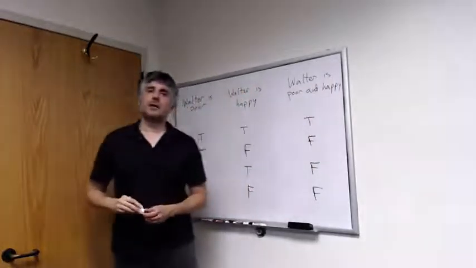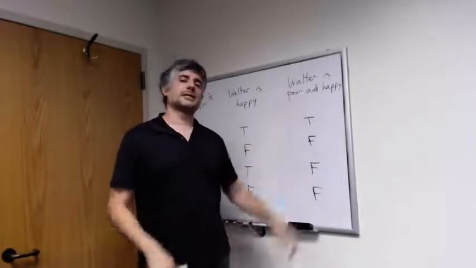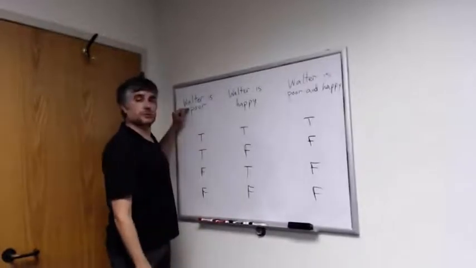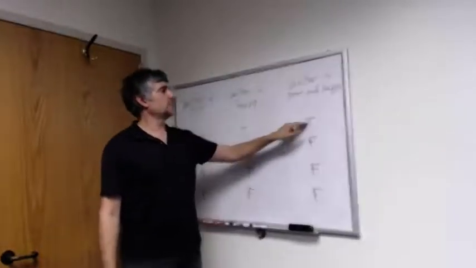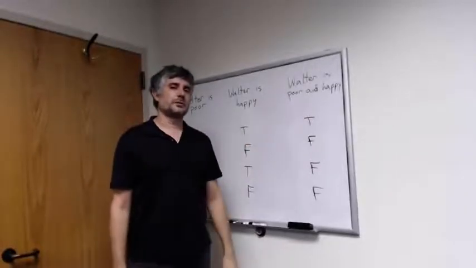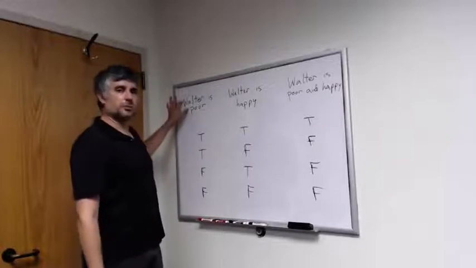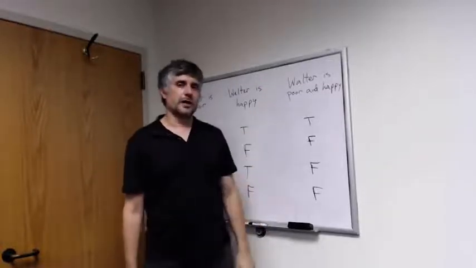Okay, now when is it going to be true that Walter is poor and happy? Well, if it's true that Walter is poor, and it's also true that Walter is happy, then it's going to be true that Walter is poor and happy. But if it's false that Walter is poor, then it's not going to be true that Walter is poor and happy.